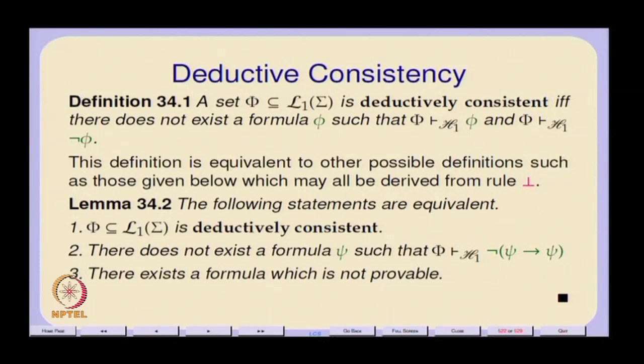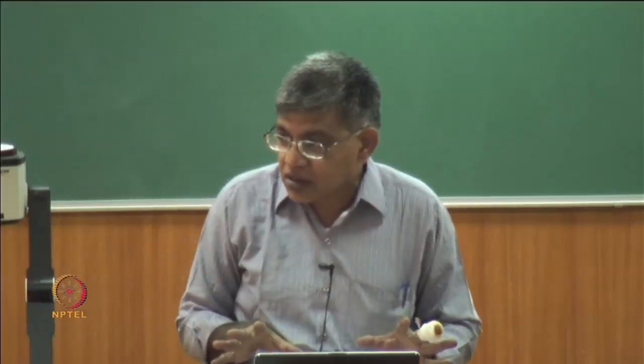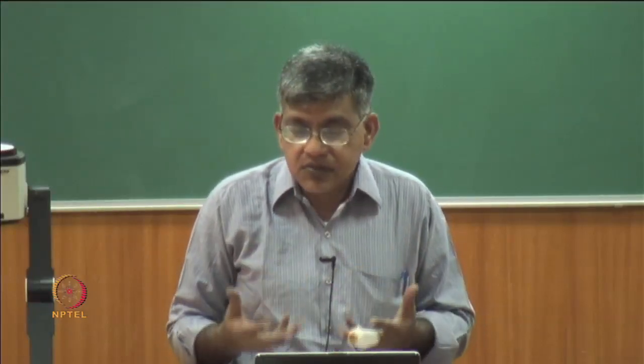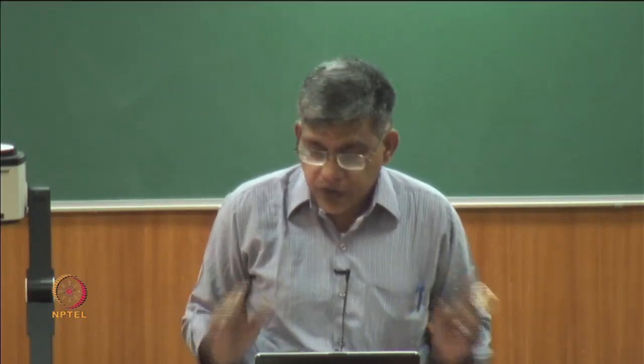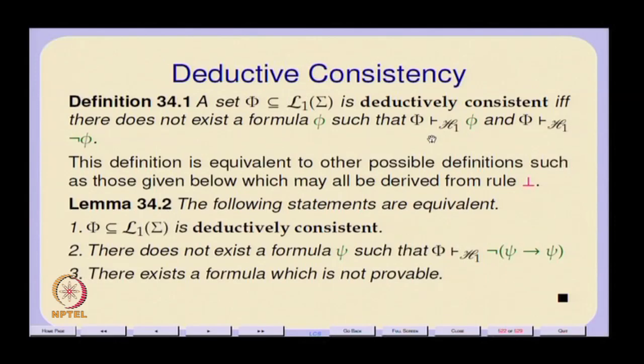Notice again that this is completely proof theoretic. So, we are not looking at interpretations, we are not looking at models, nothing. Now, we are looking at consistency just from the point of view of the consistency of a formal theory, if you like. So, if you cannot prove both a formula and its negation from the given set of formulae phi, then you somehow say that this set phi is consistent.